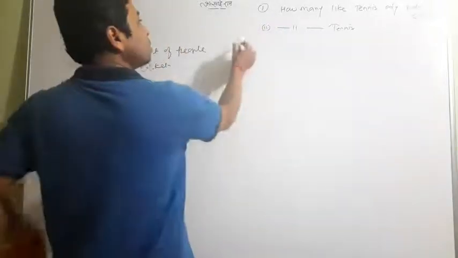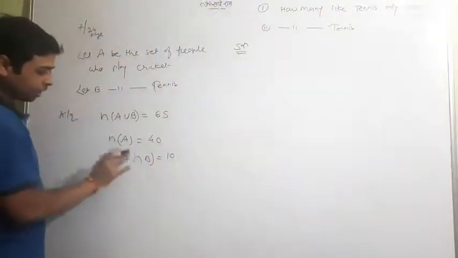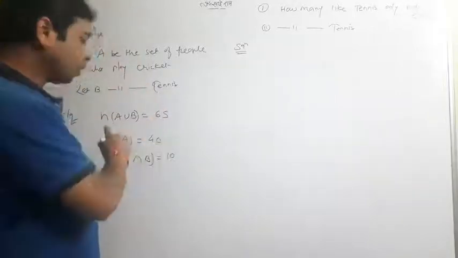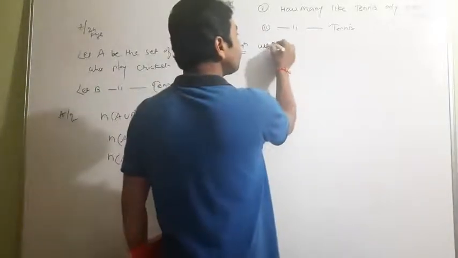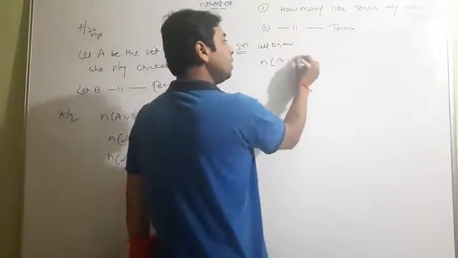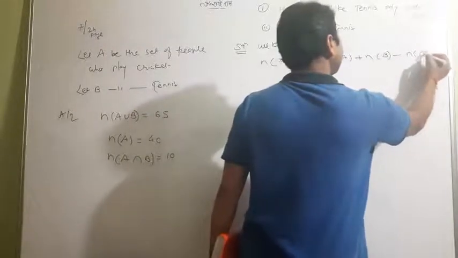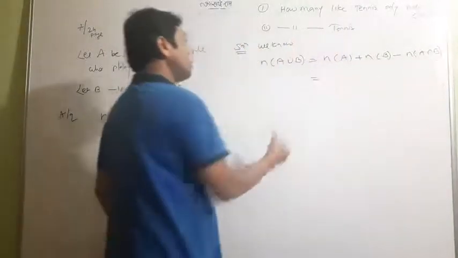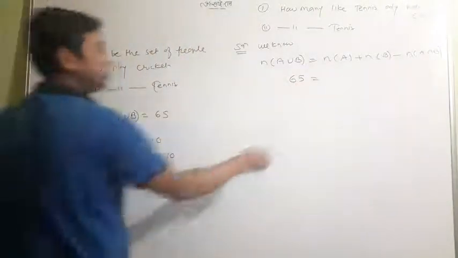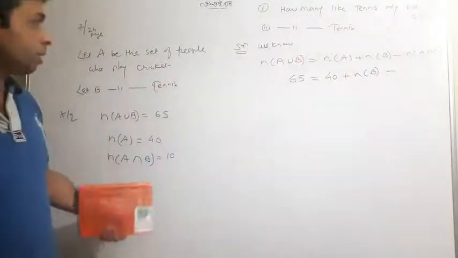Okay, let me complete first. First I want to ask something: A union B is given, A intersection B is given, N of A is given. Definitely one thing is left, which is N of B. So I ask you one question, N of A union B is equal to, the formula is with you, N of A plus N of B minus N of A intersection B. N of A union B is equal to 65, N of A is equal to 40, N of B is still unknown, and N of A intersection B is equal to 10.